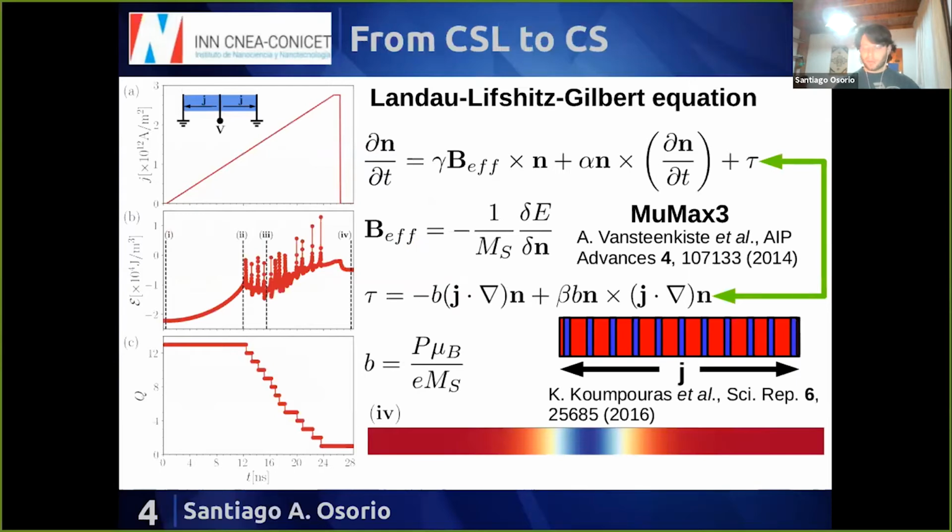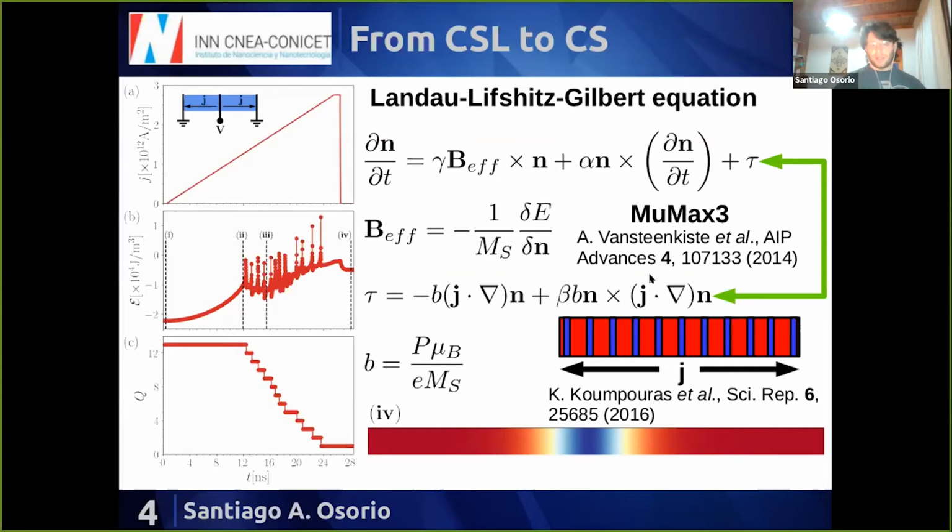And to attack our problem, we use micromagnetic simulations based on the Landau-Lifshitz-Gilbert equation shown here. Besides the field-like and the damping-like term, we introduce a third term that accounts for the torque due to external current, which is shown here in the third row.